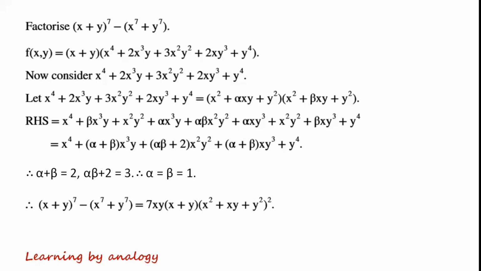So x plus y all to the power of 7 minus x to the power of 7 plus y to the power of 7 equals 7xy times x plus y times x squared plus xy plus y squared all squared.